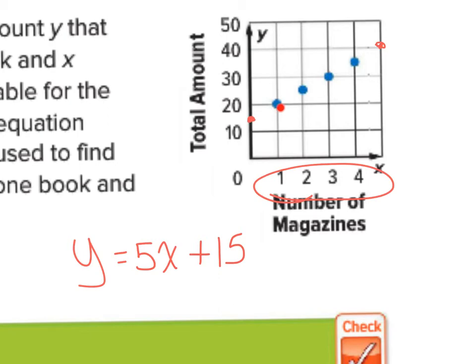One magazine is 20 because it's 15 plus 1 times 5. Two magazines would be 25 because 2 times 5 is 10 plus 15 is 25. And there's our equation, everybody.